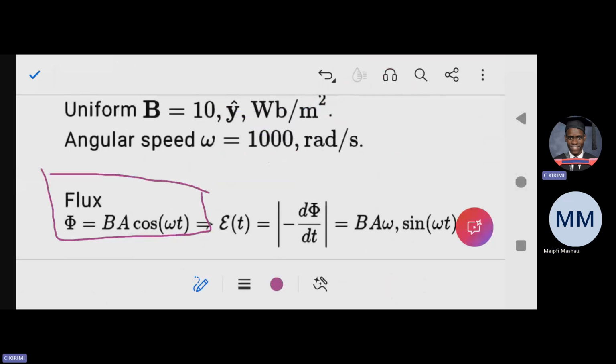If I want to know the induced EMF, it will be the absolute value. Those brackets indicate absolute value, since EMF is always positive. If there is a negative there, it must become positive.